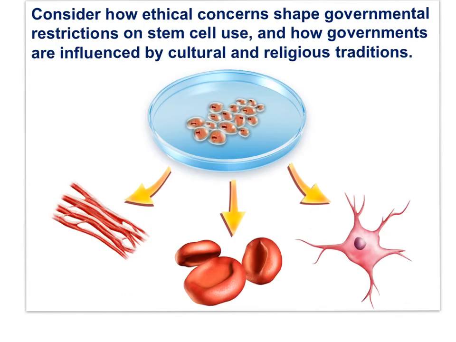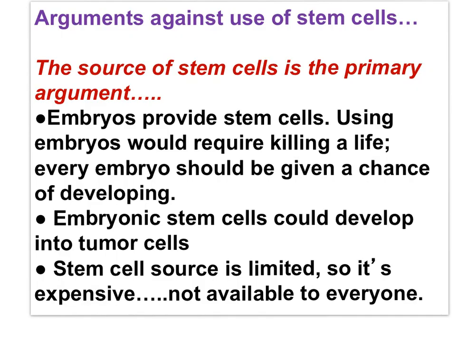The embryo formed from this technique could be used to develop tissues that are transplanted back into the patient. Consider how ethical concerns shape governmental restrictions on stem cell use and how governments are influenced by both cultural and religious traditions. In terms of the arguments against the use of embryonic stem cells, the primary argument is the source of the stem cells.